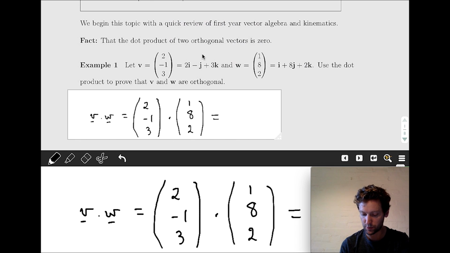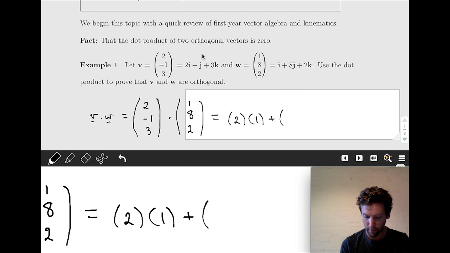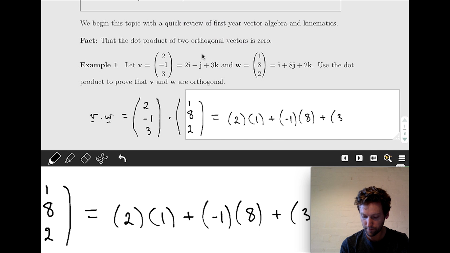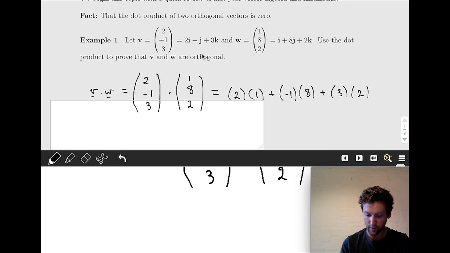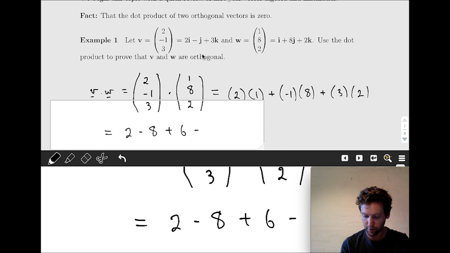So I get 2 times 1 plus minus 1 times 8 plus 3 times 2. And that's going to be equal to 2 minus 8 plus 6, which is 0.